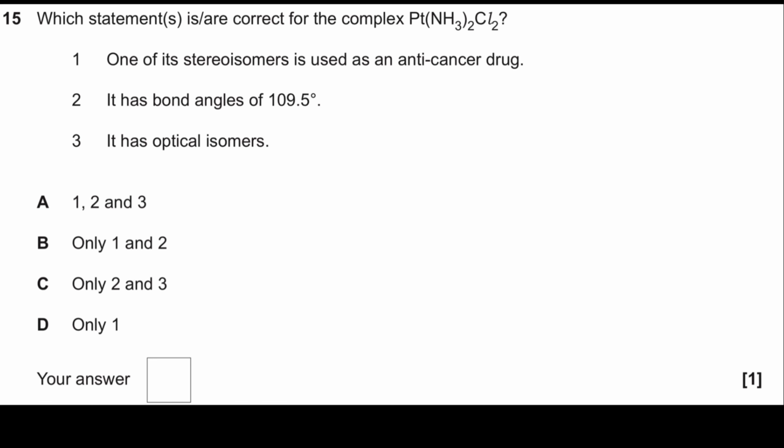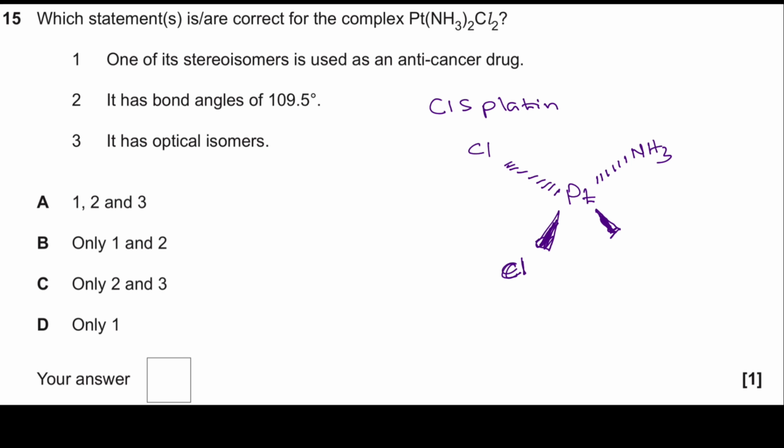That seems to be correct because the anti-cancer drug is cisplatin, and that has a structure with a platinum center, and the ammonia and chlorine, with another chlorine with a wedge here, and another ammonia. That looks like square planar. 1 is correct.